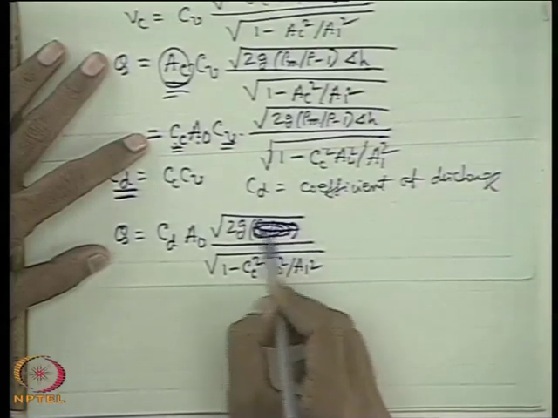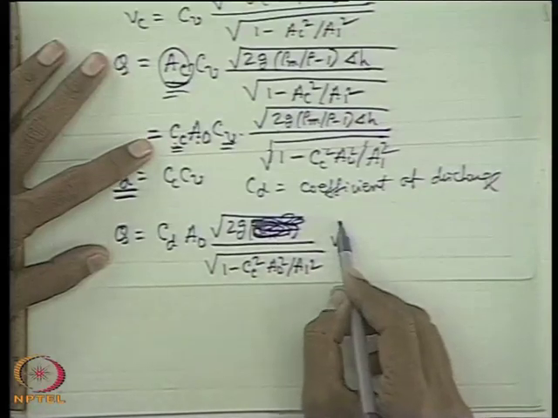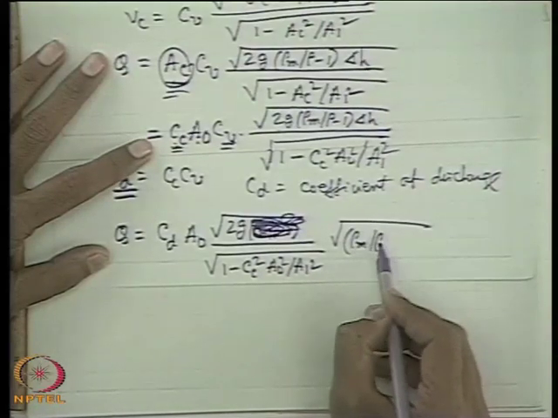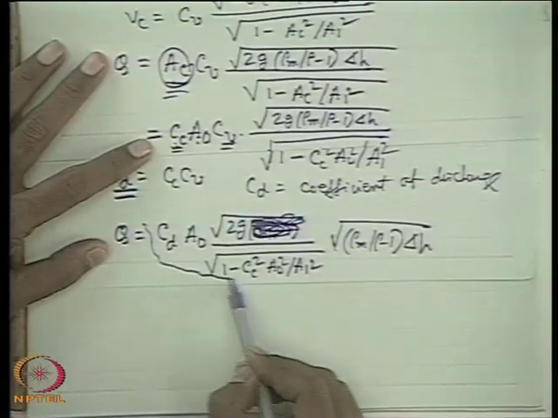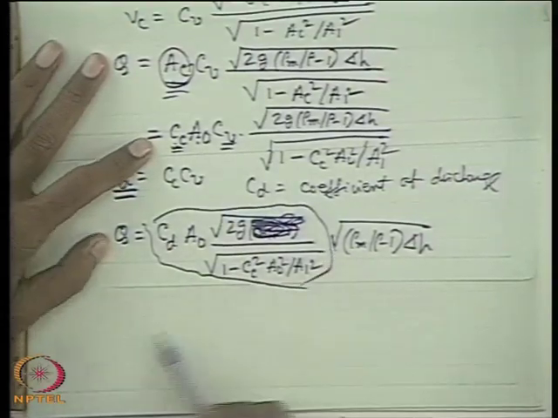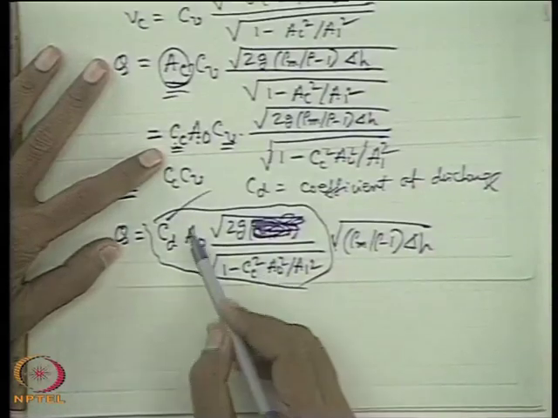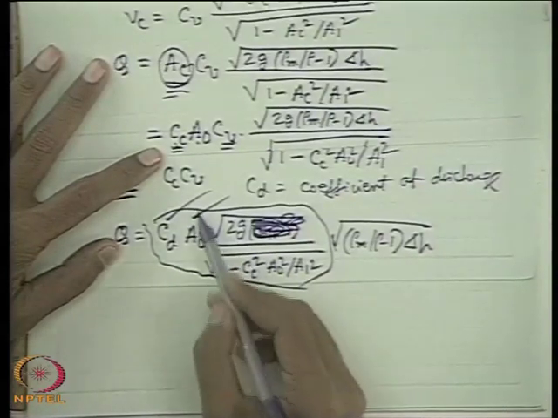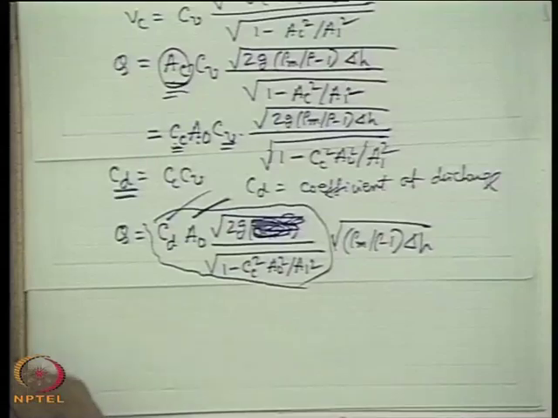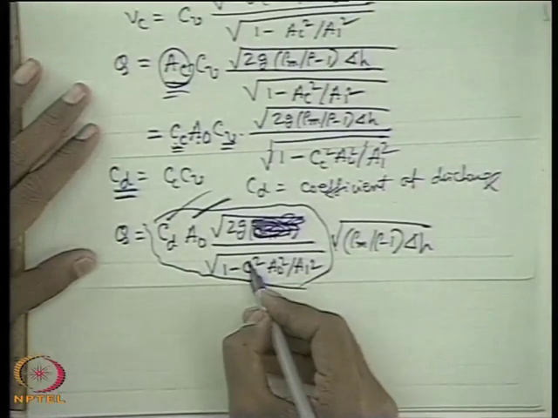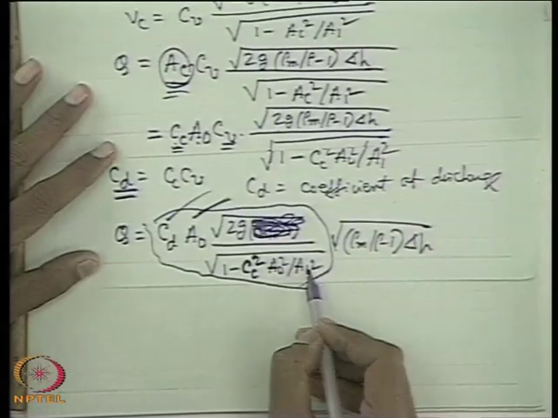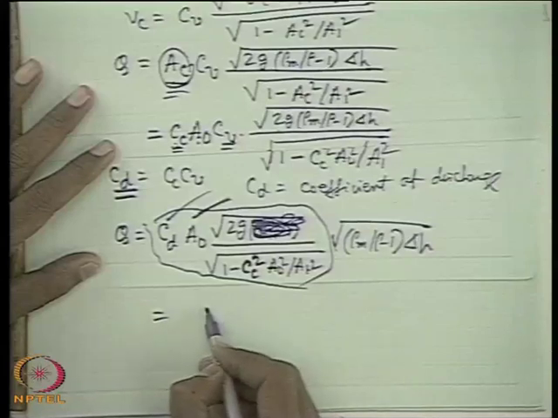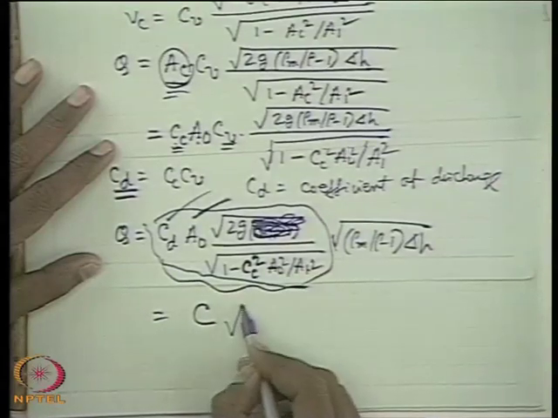Rather, this part I take out, into root over rho m by rho minus 1 into delta H. Now this part is fixed for an orifice meter, if I know the value of Cd, the value of A0, that is the diameter of the central hole of the orifice meter, the value of Cc, and A0, A1. This can be written as a constant, times this one.